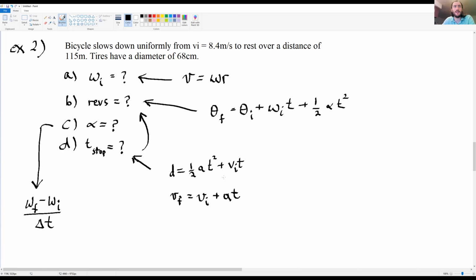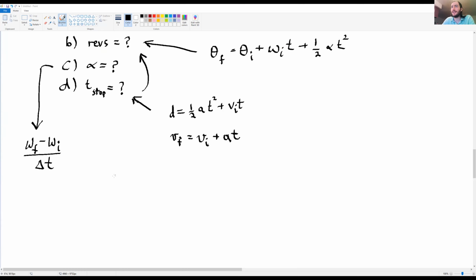So I could go and get t first, or maybe I could try another expression, one that doesn't have t's in it. If I have velocities, final velocity squared is equal to initial velocity squared plus twice a times the displacement. So here's an equation without t.